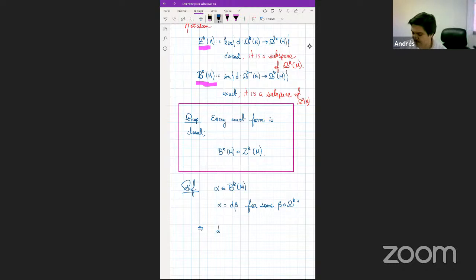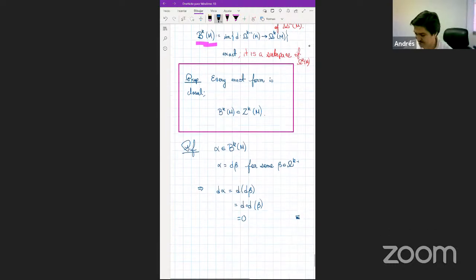And then you apply d to alpha, but you already know that double d is 0 by the definition of an exterior derivative. Okay?